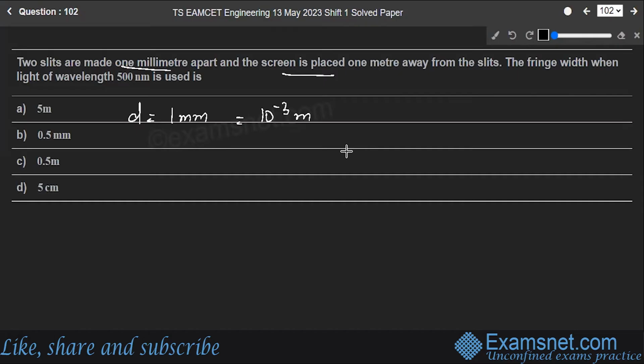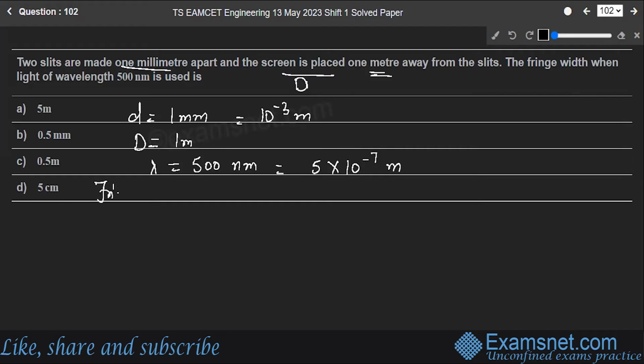Then the screen is placed 1 meter away. So that means capital D is 1 meter. That's it. And you are given the wavelength lambda as 500 nanometers. This is equal to 5 into 10 raised to power minus 7 meters.